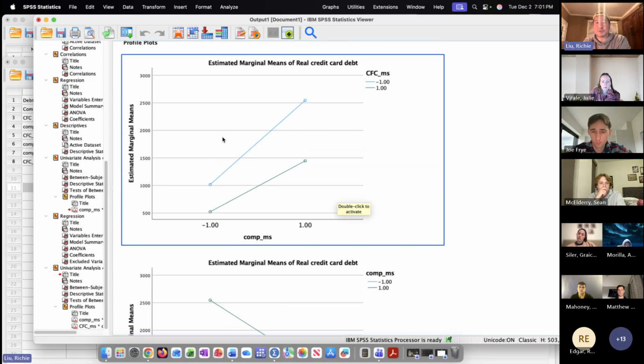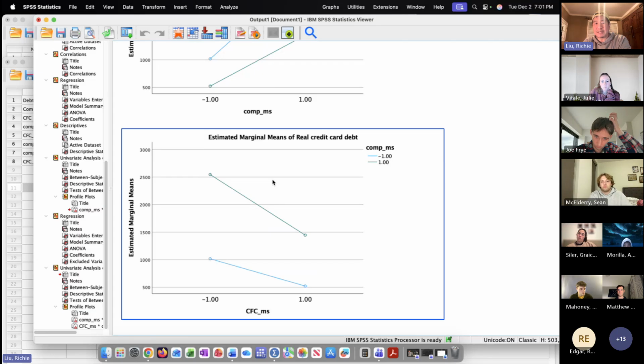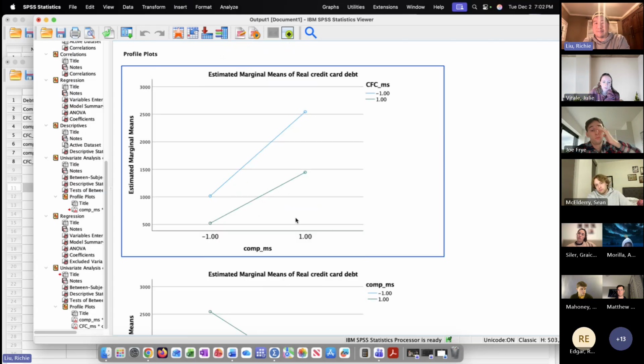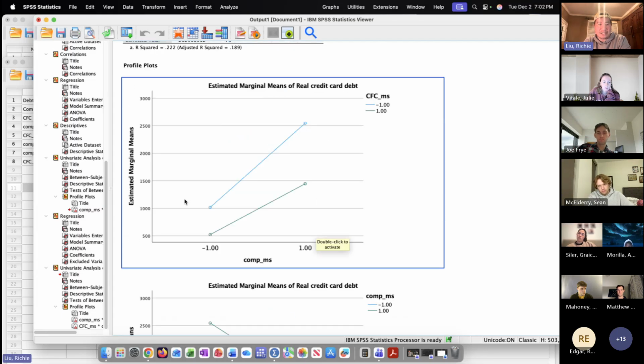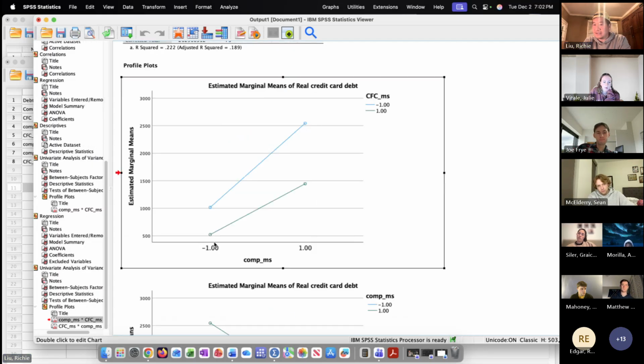So we were telling the story here at the CFC level. We could also run the test at the compulsive buying level, which this graph doesn't make as much sense, right? But you can flip, and essentially what I've done is I flipped the graph. So now you're looking at these slopes represent these means.